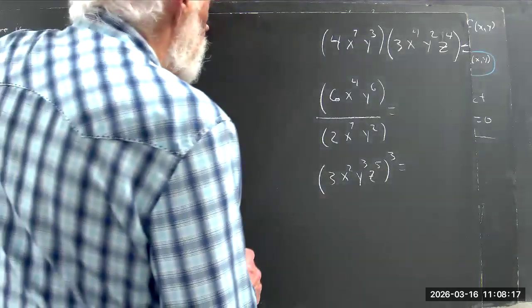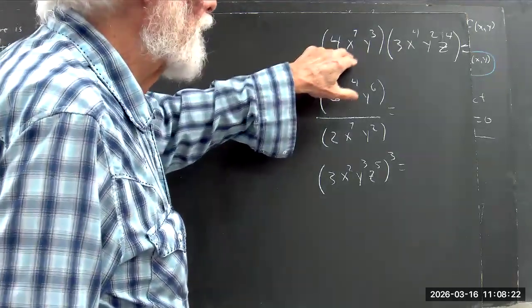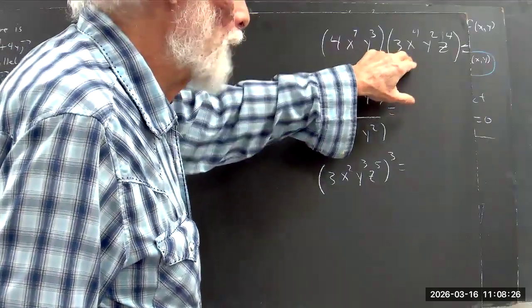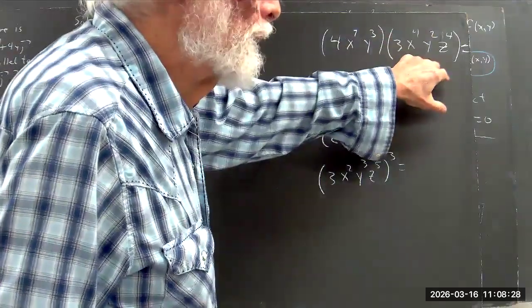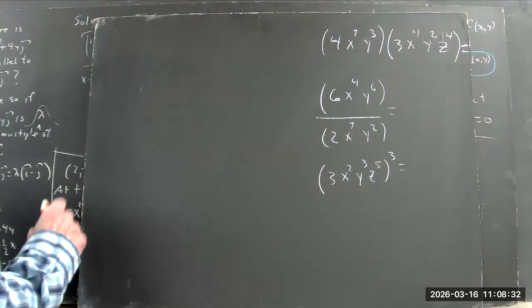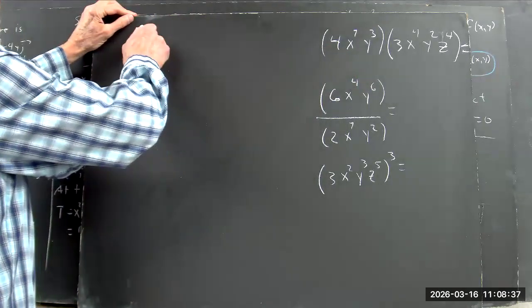So the first one is the quantity 4x to the seventh, y to the third, multiplied by the quantity 3x to the fourth, y squared, z to the fourth. We can remove the parentheses, so I'm just going to do this step by step.